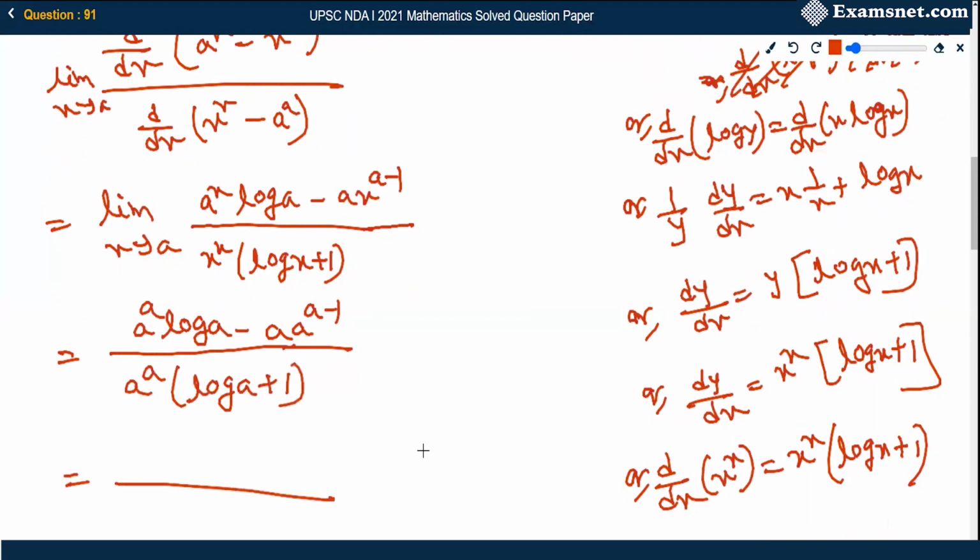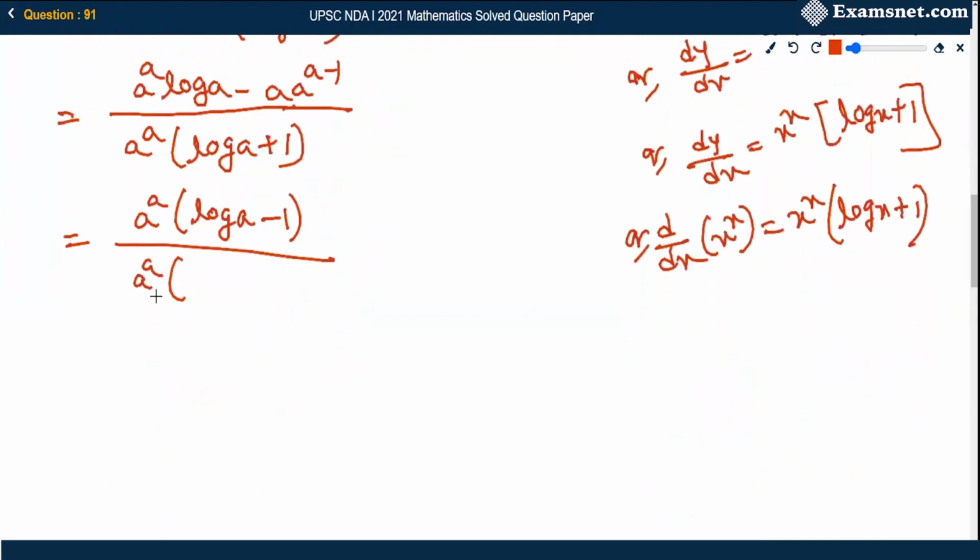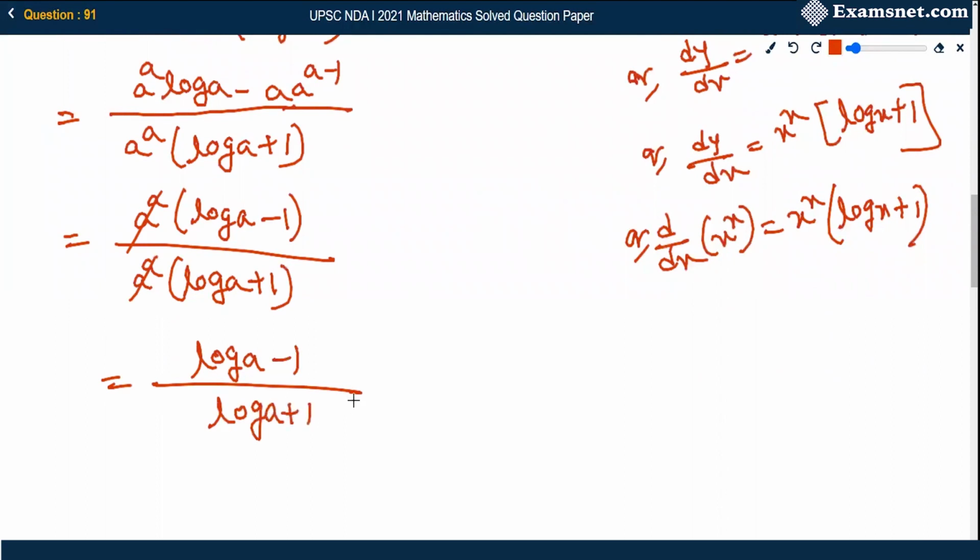Now see, we can take a to the power a common from here and we are left with (log a minus 1) by (log a plus 1).